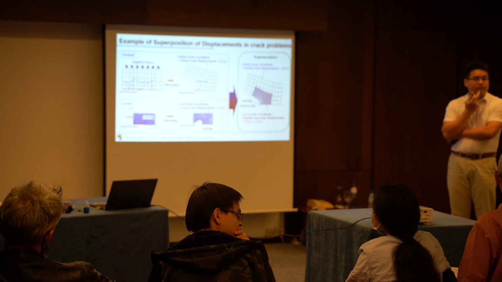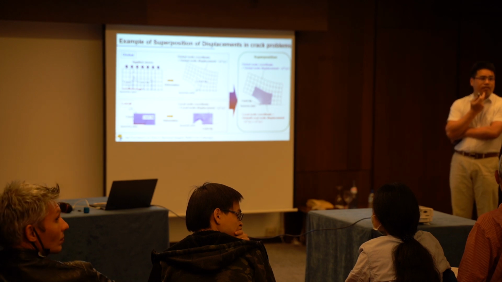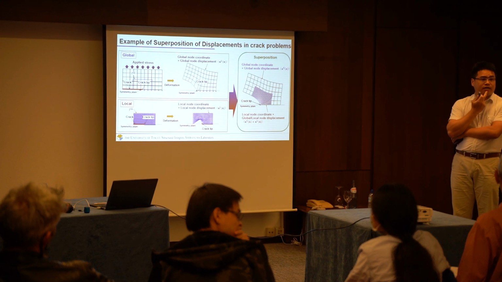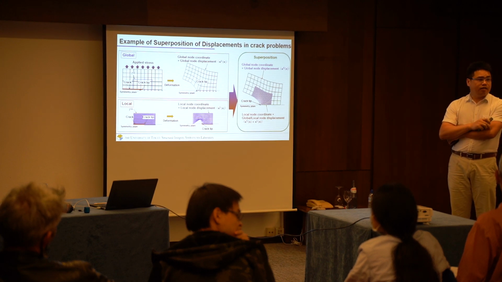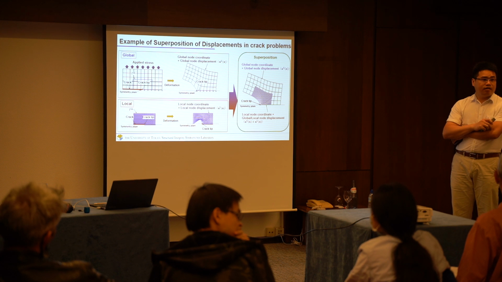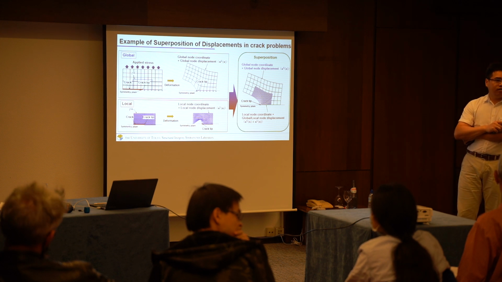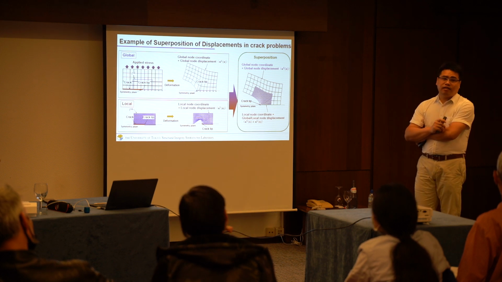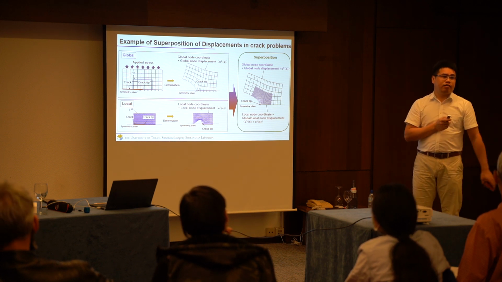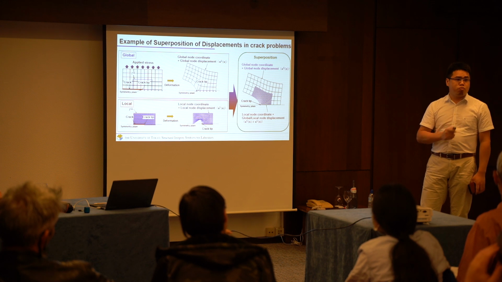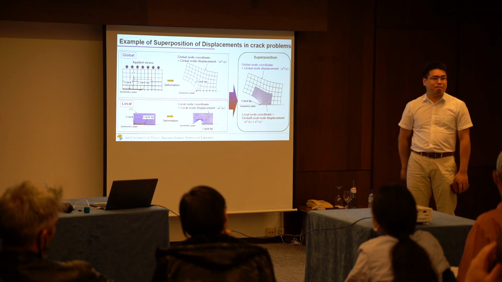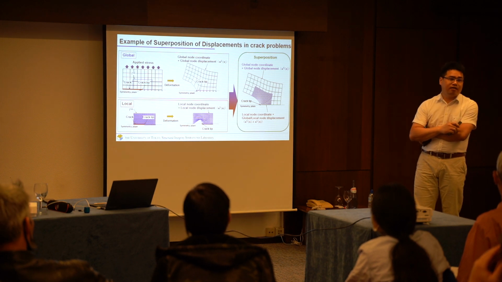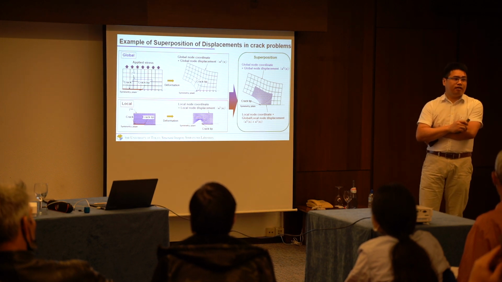Then you can mesh this area and get the more detailed solution there. So very quickly, what's the difference between your superposition method and this submodel method? It looks like you apply not a displacement boundary condition, but a force. So is that different?